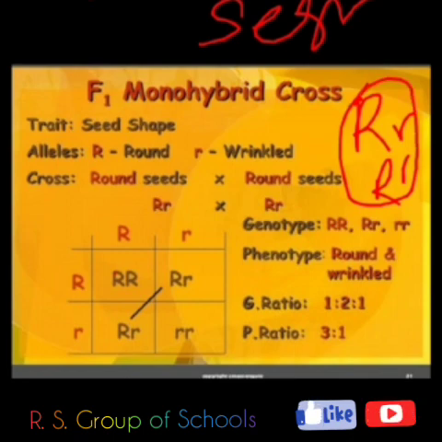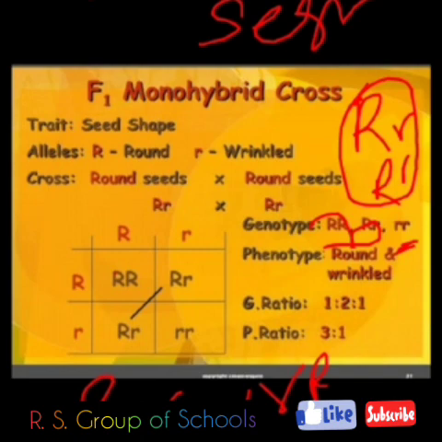The genotype capital RR means a tall plant, and small r is a short dwarf plant. He says that when the tall plants are self-pollinated, the F1 generation shows all tall characters.